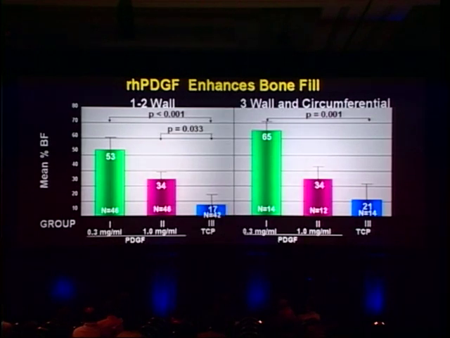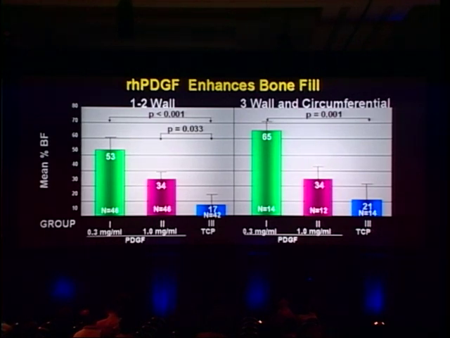One of the slides that I thought was very revealing is that the study stratified the defect classifications. All of us know it's much more difficult to regenerate 1 and 2 wall defects than it is 3 wall defects. And that's what played out, that if you look at the 3 wall and circumferential, all 3 of these bars are higher than any of these bars.